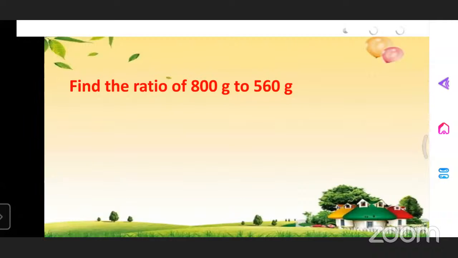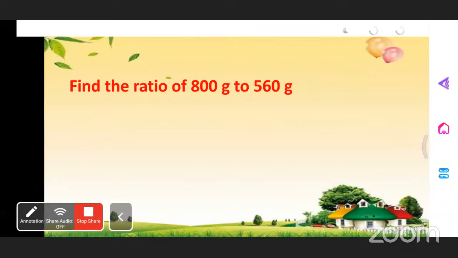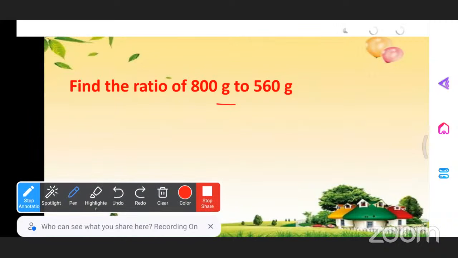Find the ratio of 800 gram to 560 gram. Here, the unit in the question is gram, denoted by g. Gram's simplest form is g.